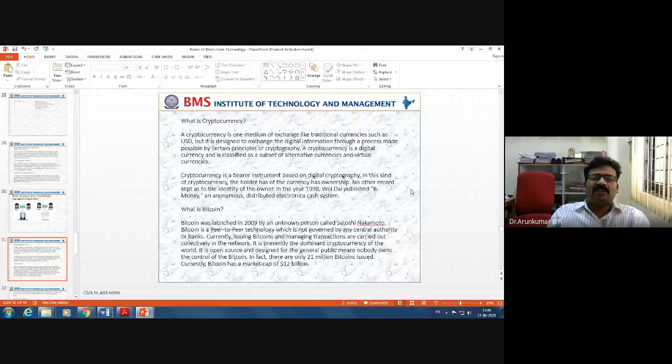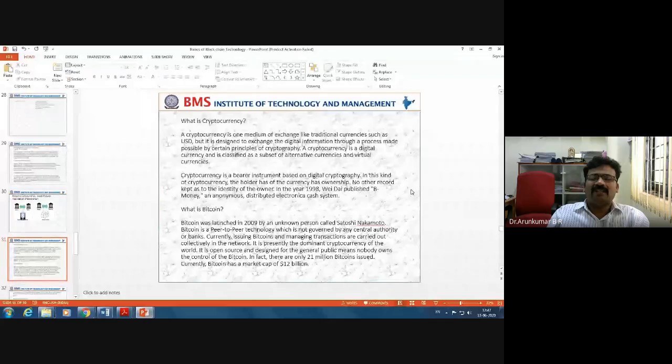Bitcoin was launched in 2009 by an unknown person called Satoshi Nakamoto. Even we do not know whether it is his real name or not. The person is unknown, but the name is known. Bitcoin is a peer-to-peer technology which is not governed by any central authority or banks.